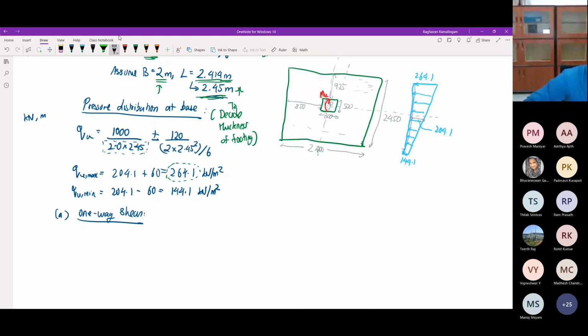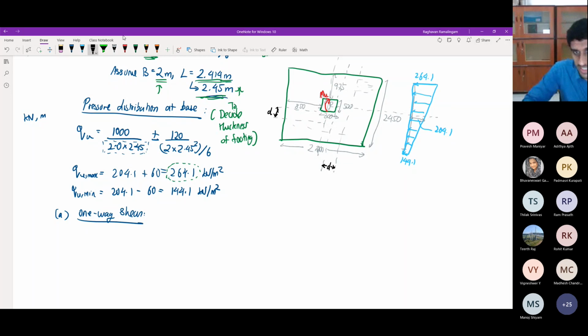So this is the face of the support, and from there a distance D. Of course, you can do the same thing for this side. The face of the support is here, and you can take D from there. So there are two directions, this direction and this direction.